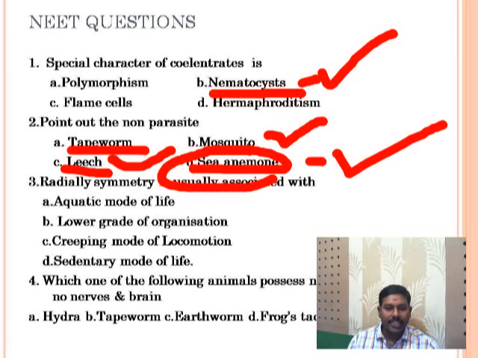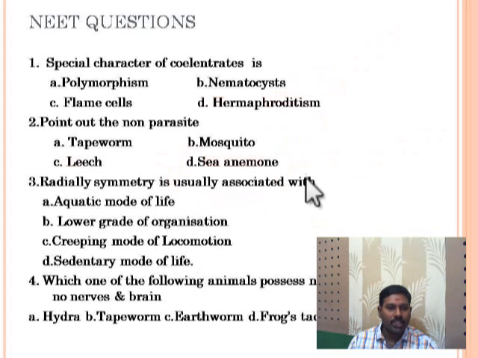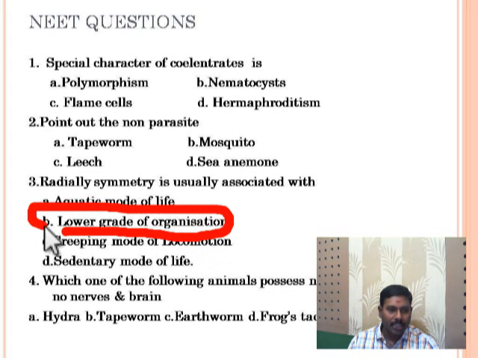And then, radial symmetry is usually associated with what? Very good question. Aquatic mode, or a lower grade of organization, creeping mode of locomotion, sedentary mode of life. Which one is right? Here, lower grade of organization is correct, because in the case of Porifera, Coelenterata, and the next will come Ctenophora. That will not be in your state board syllabus but in the CBSE syllabus.